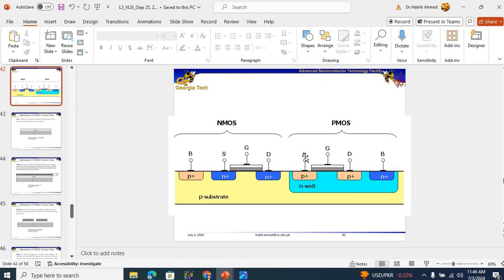One of the significant advantages of CMOS technology is its low static power consumption, and this is because CMOS consumes power only when switching between states from 0 to 1 and 1 to 0, or logic low to high and logic high to logic low, unlike other technologies that can draw continuous power.